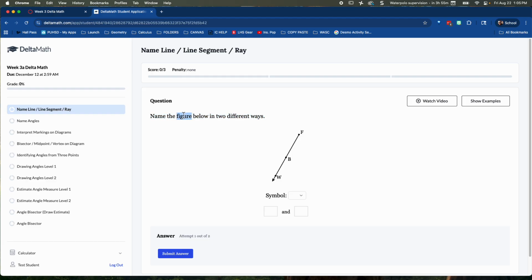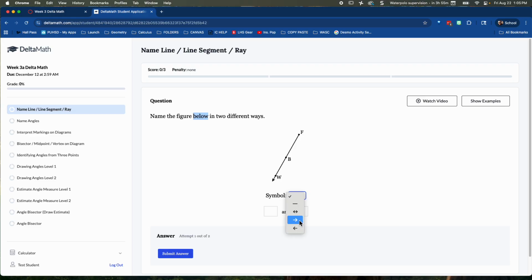This first one, I have a figure here, and it's asking me to choose a symbol and a way to write that symbol that matches this picture with some labels. First I notice that my symbols are a line with no arrows, a line with arrows in both directions, a line with a forward arrow, or a line with a backward arrow.